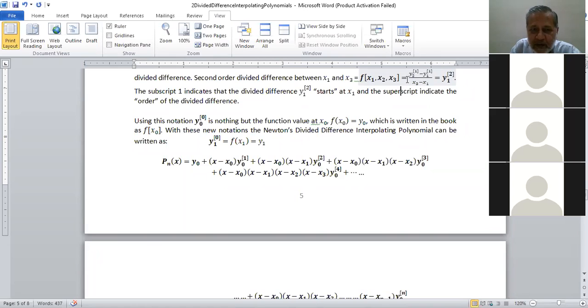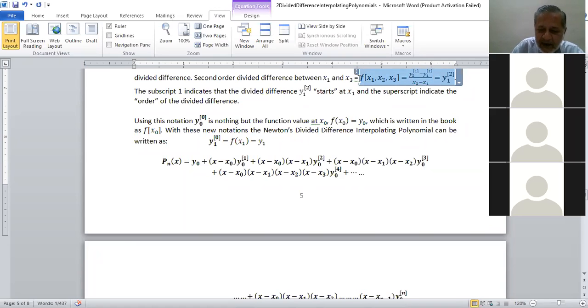So if you want to look at the shape of the third order divided difference, it will be like this.